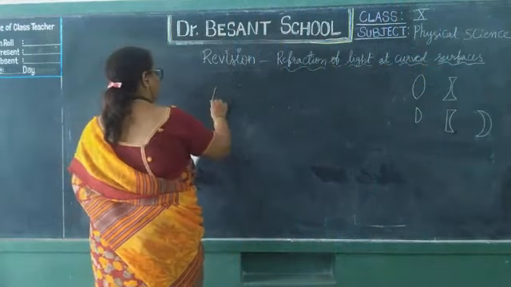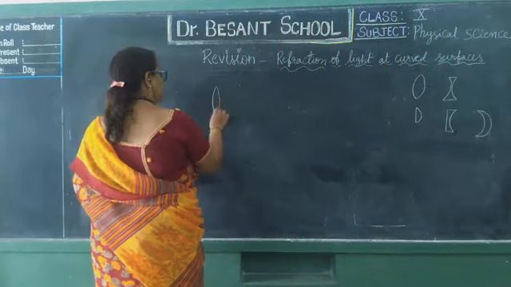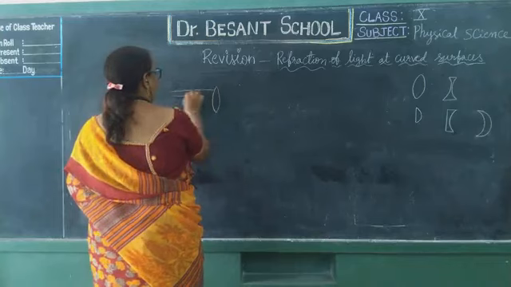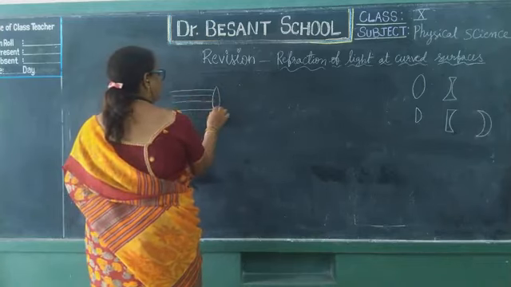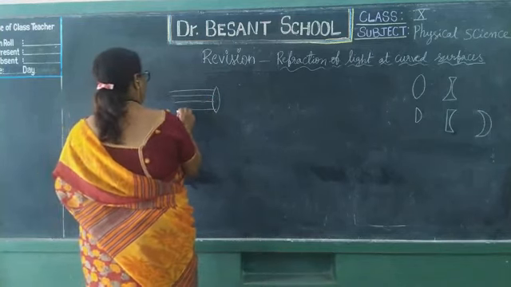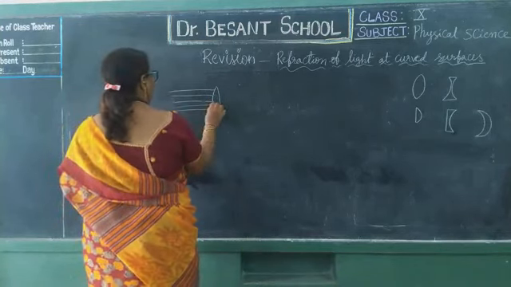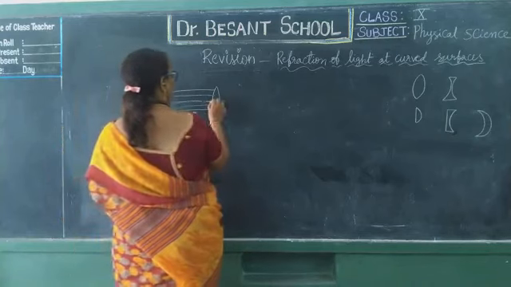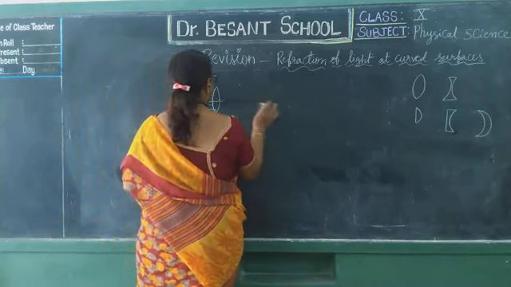So let us consider a convex lens, and when all the incident rays are parallel to each other, this is the principal axis.